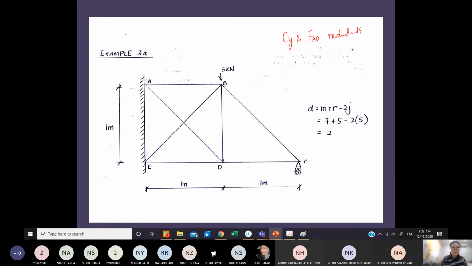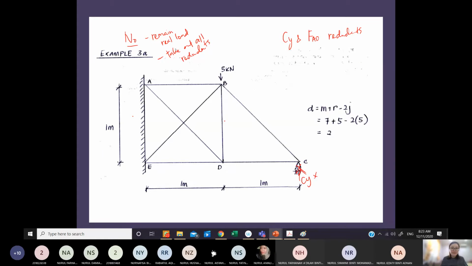So when you want to create your end node or primary system, we remain the load, and we take out all the redundant forces. So now CY, I take out.